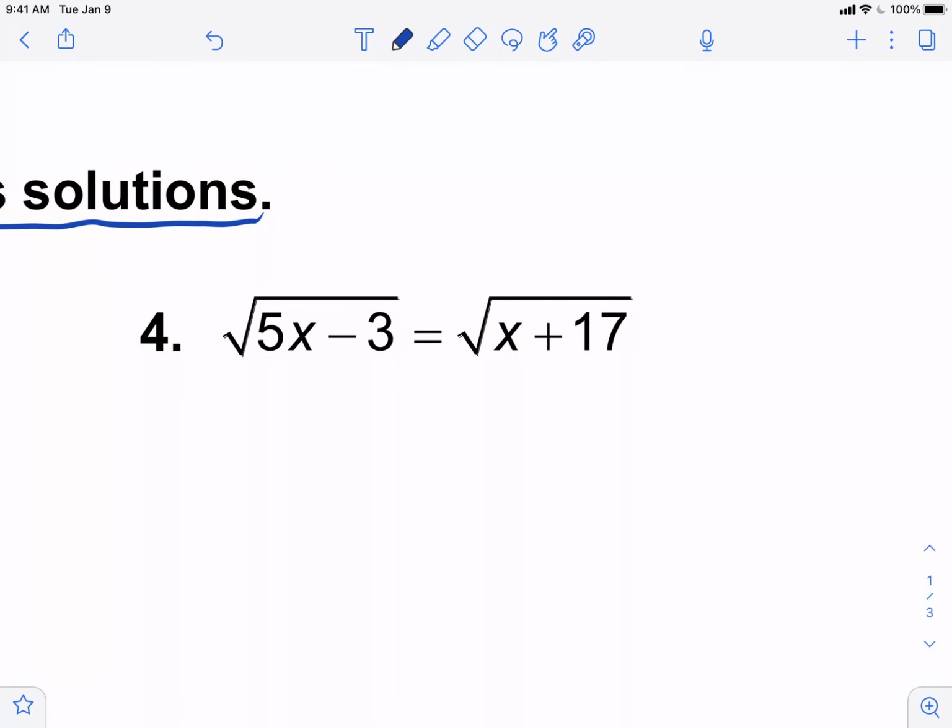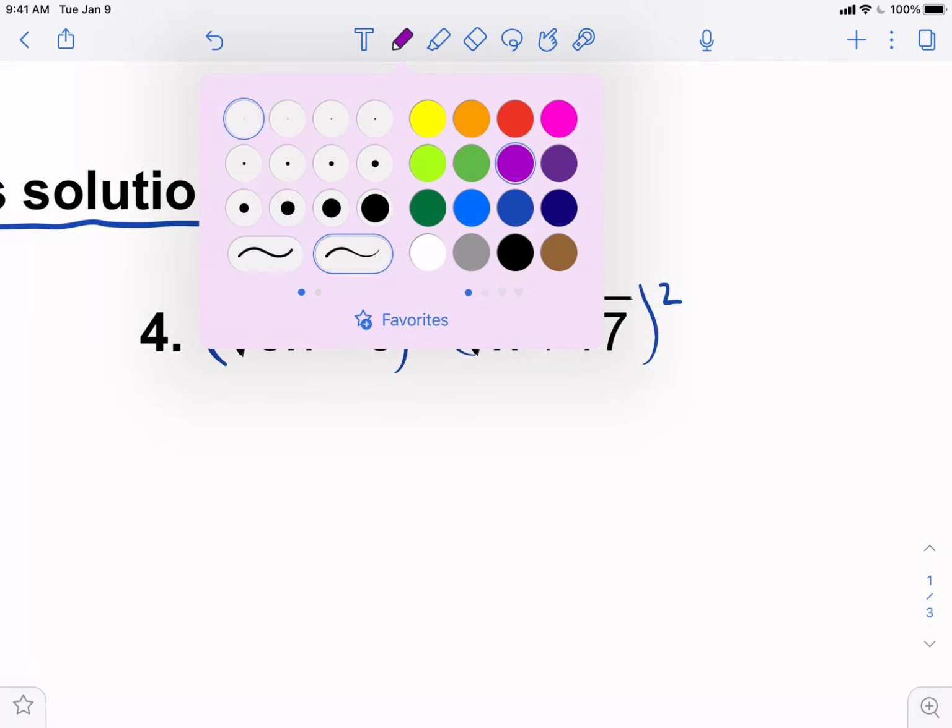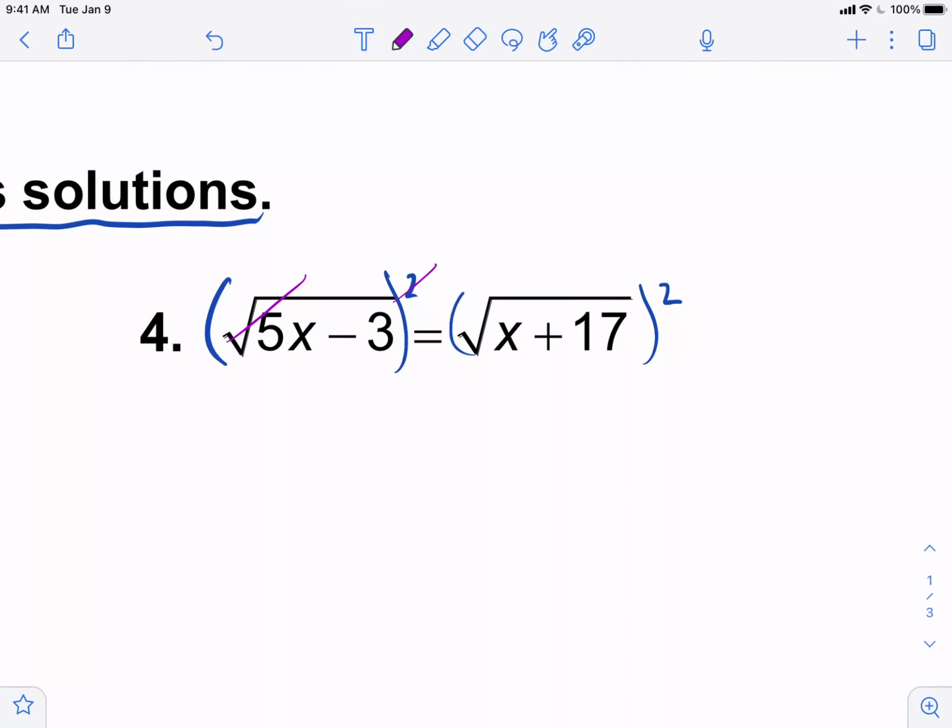Whenever you have two square roots, you want to get them on opposite sides and start by squaring them. When you square those, the 2 and the square root cancel out, leaving us with just 5x minus 3. And the 2 and the square root cancel out, leaving us with x plus 17.